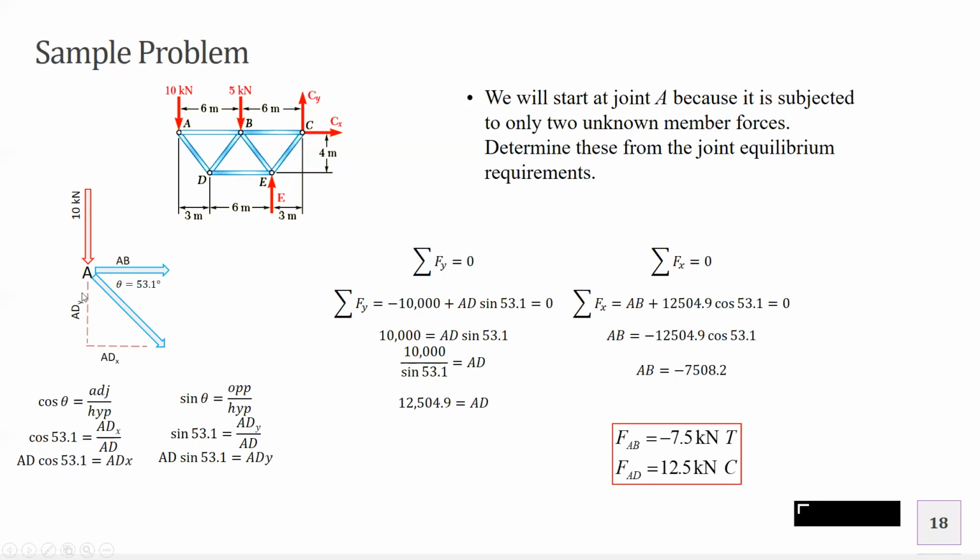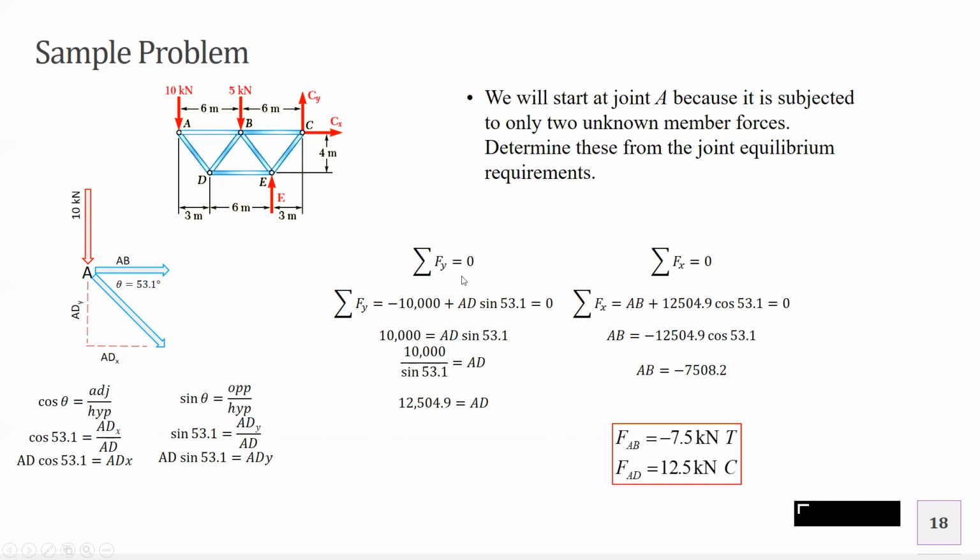I'm going to do the exact same thing for ADY. I take the sine, opposite over hypotenuse. The sine of 53.1 is ADY over AD. I'm going to move that AD over, so it's AD sine 53.1. Again, everybody's like, wait, but that doesn't tell me what AD is. You're right, not here, but we're going to use these later on.